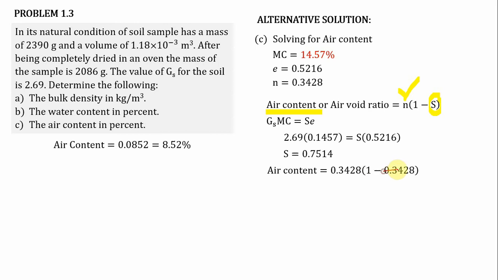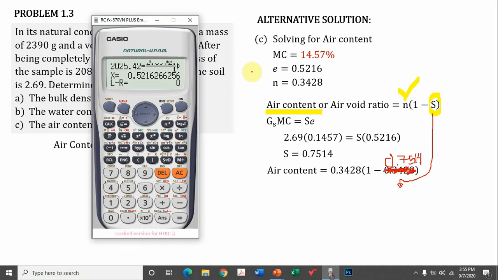Sayop yung substitute ko. Okay, so air content is 0.3428 times 1 minus the degree of saturation, which is 0.714. Check ko muna to kung tama ba yung answer natin.